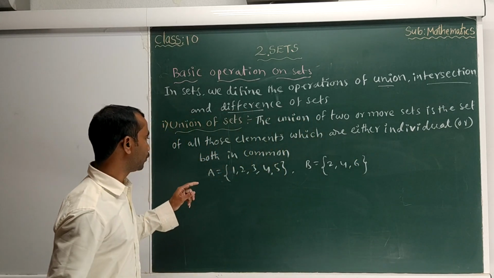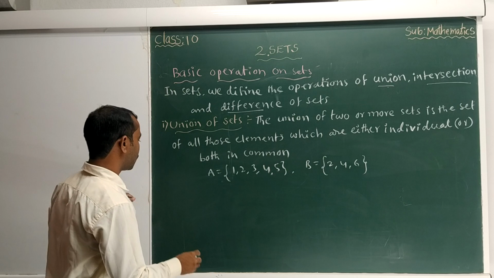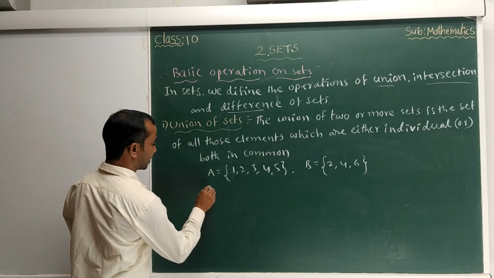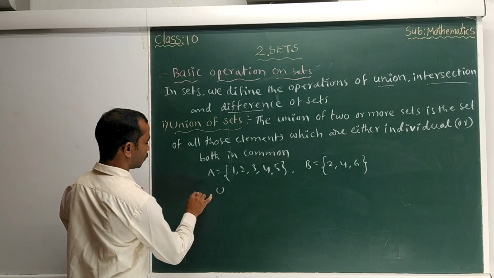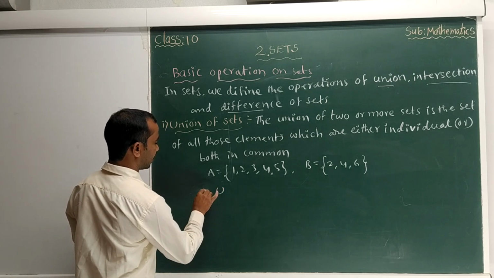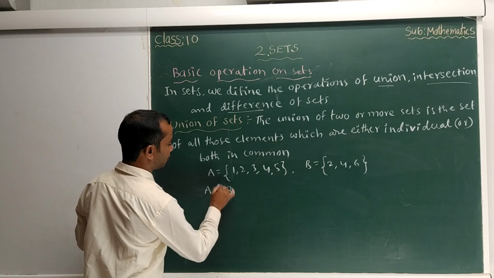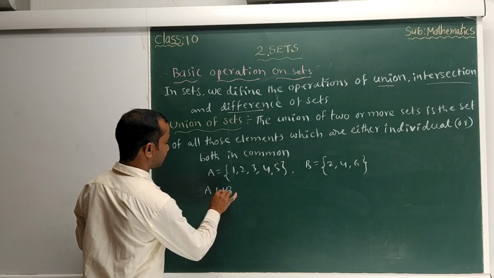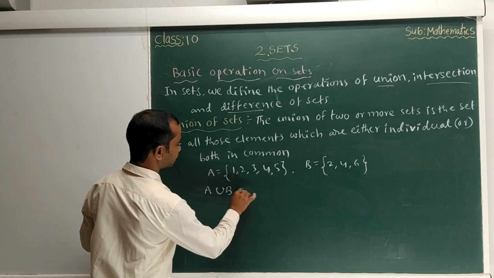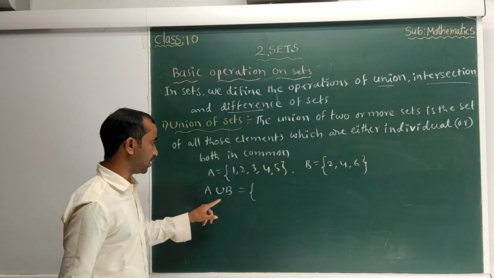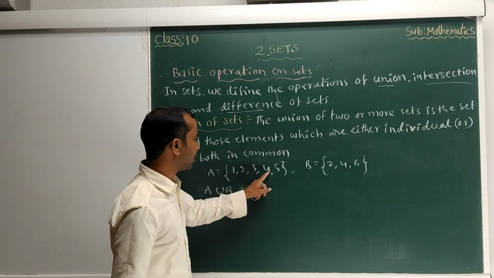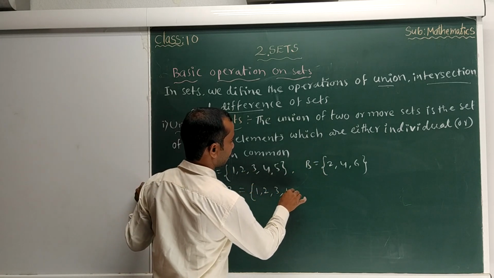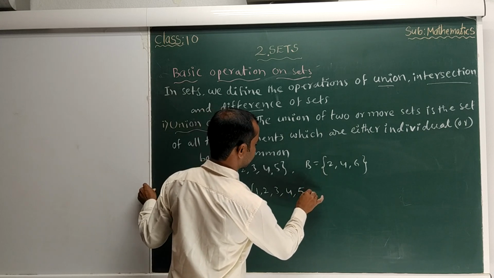The union of sets A and B is represented by the symbol U, written as A union B. Here A union B means we write the individual elements and common elements: 1, 2, 3, 4, 5, 6.